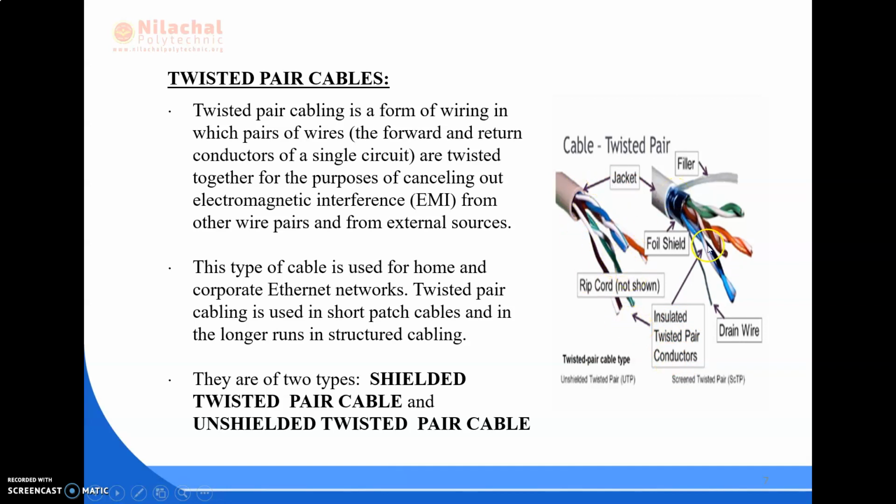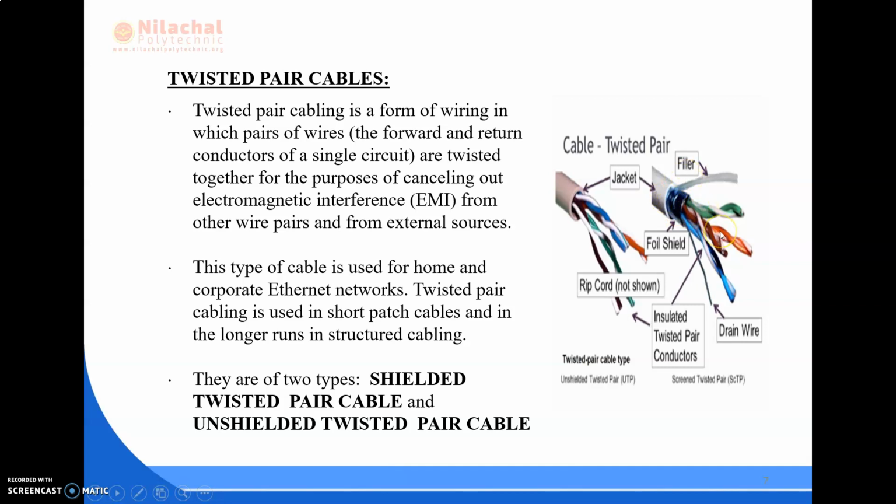Whereas in shielded twisted pair cable, there is a fiber layer over the insulated twisted pair conductors, where there is a drain wire also, and there is a foil shield or a foil coating over the fiber layer.